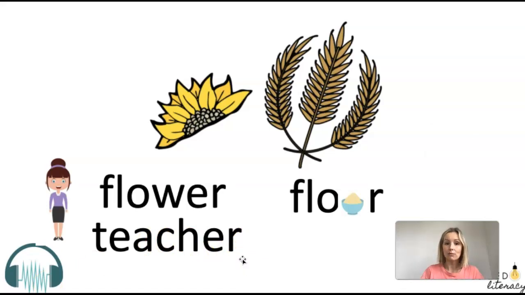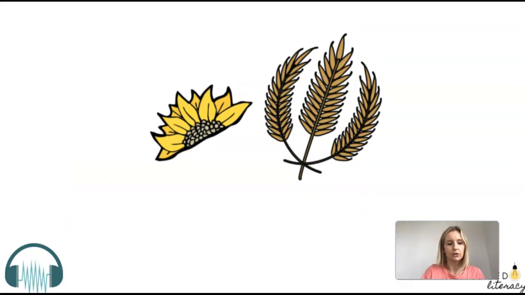So another way you might remember is that you give a flower to your teacher because your teacher is so fabulous and works so hard. Okay, so that might be a way to remember it as well. Maybe if your teacher wanted to bake a cake, but we're not likely to give them a cup of flour, are we? So we're going to have a little bit of a go at practicing some of these words.